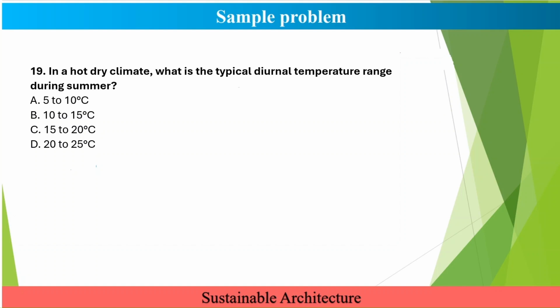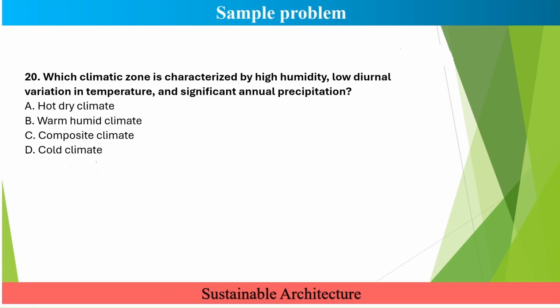Question number 20. Yes, sir. Okay, here is question number 20 for all of you. Which climatic zone is characterized by humidity, low diurnal variation in temperature, and significant annual precipitation?